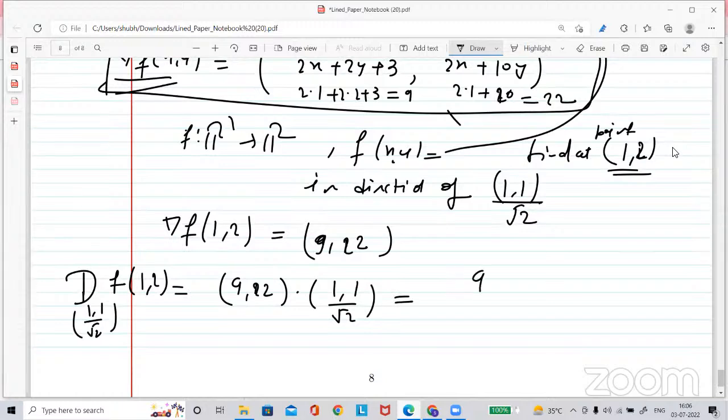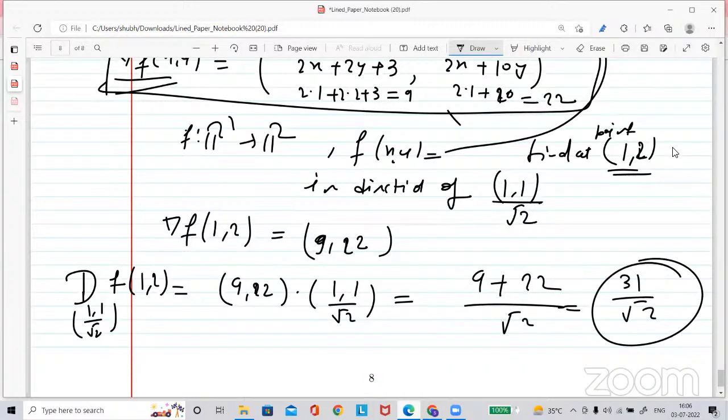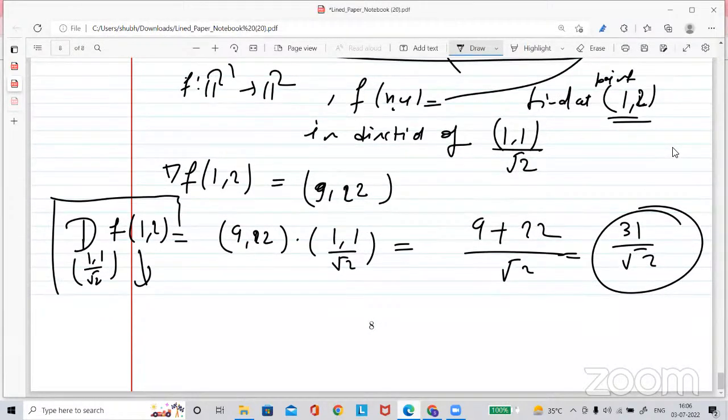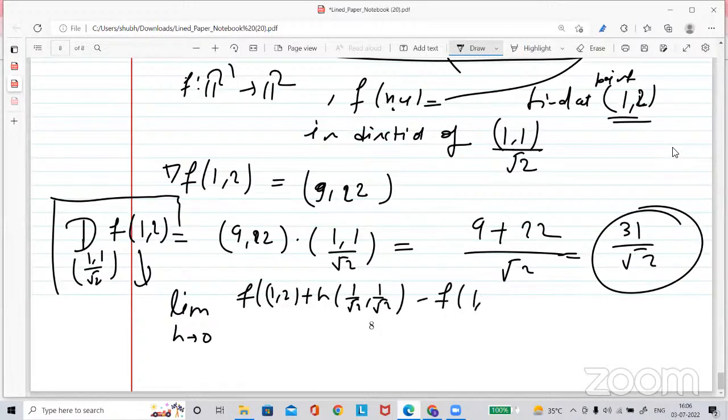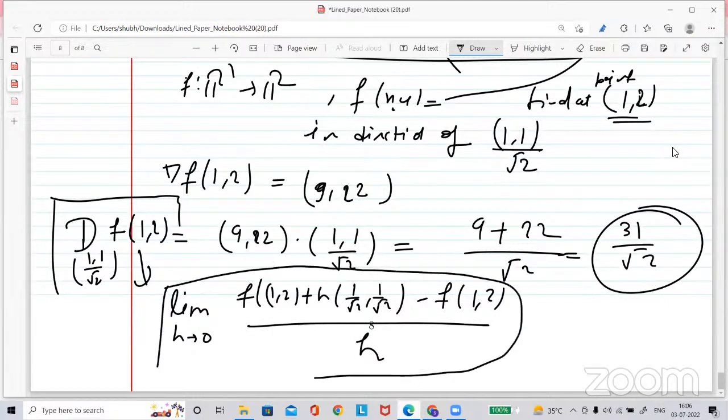So this is 9 plus 22 upon root 2, giving 31 upon root 2. Another way is to use the limit definition: limit h tending to 0 of f of (1, 2) plus h times (1 upon root 2, 1 upon root 2), minus the value at that point, upon h. Using this expression you will find the same value, or you can directly use the gradient.